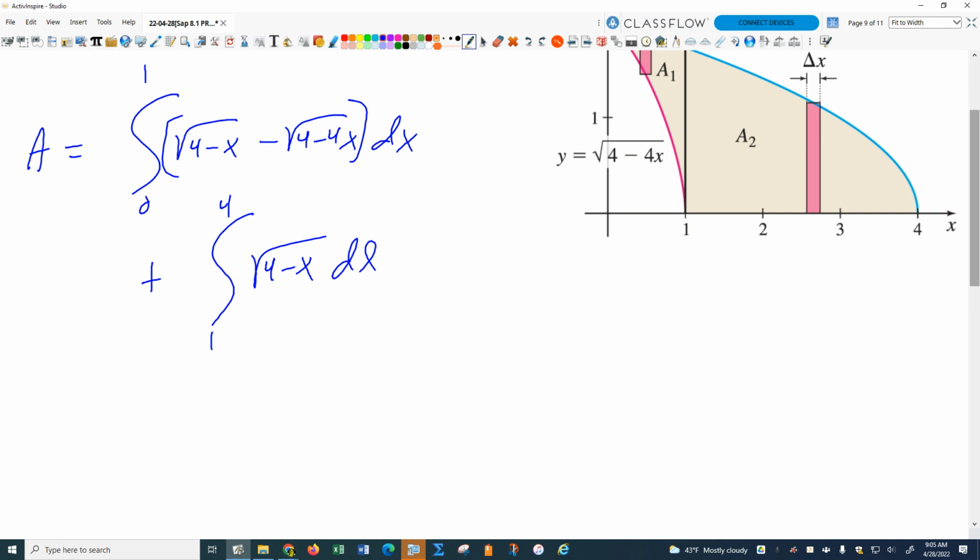I can integrate this one term by term. I could split it into two separate integrals. And if I do that, I get a total of 3 integrals.